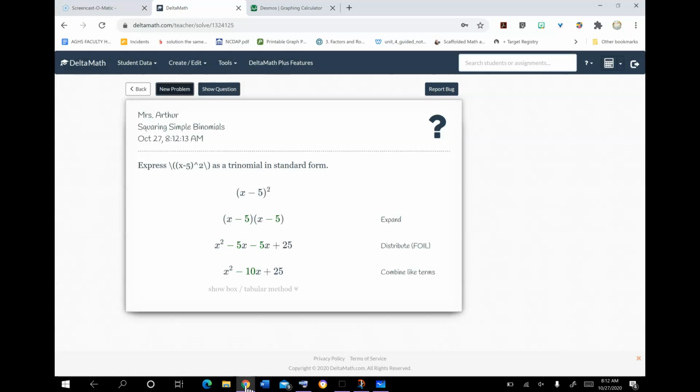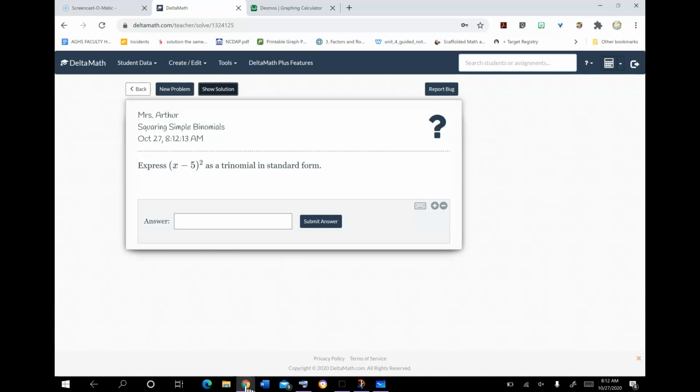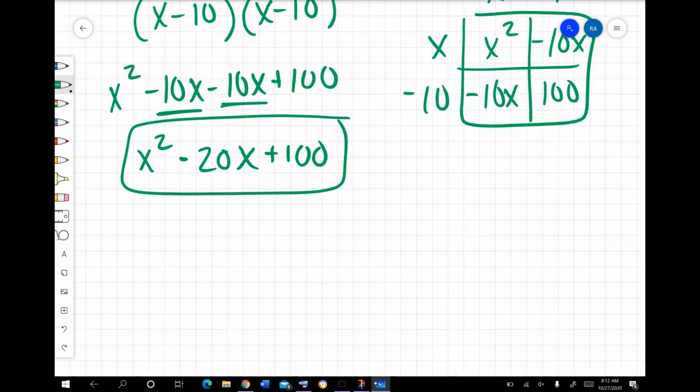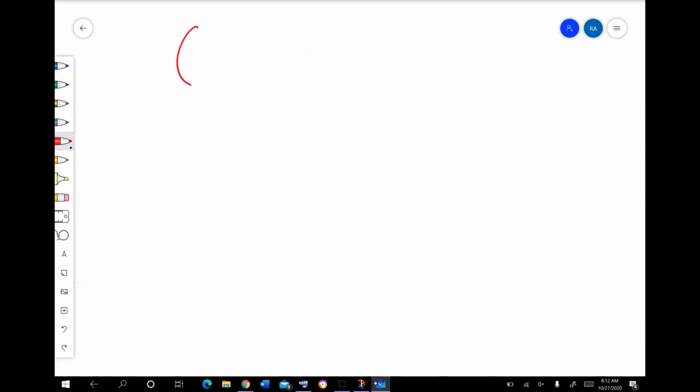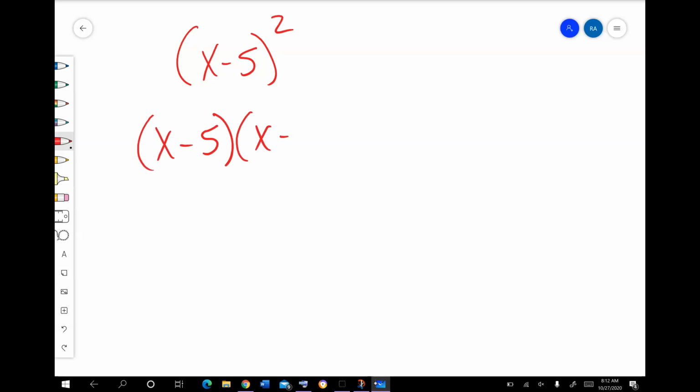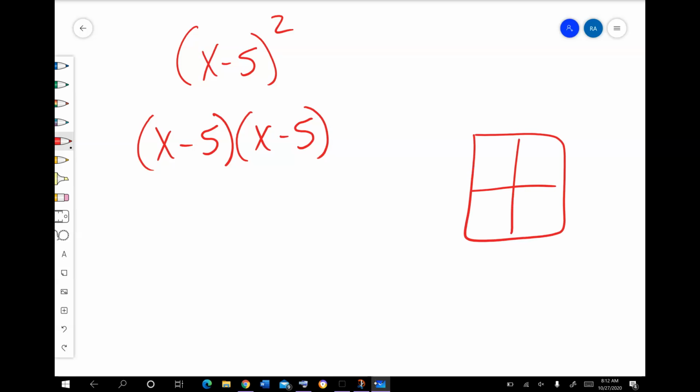Let's do another one. It says x minus 5 quantity squared. This means there are two of those parentheses. This is such a big mistake in this class and in college. You've got to make sure you know that squared means there are two of them. Not distributed, there are two of them. So it'll be x minus 5 and x minus 5.